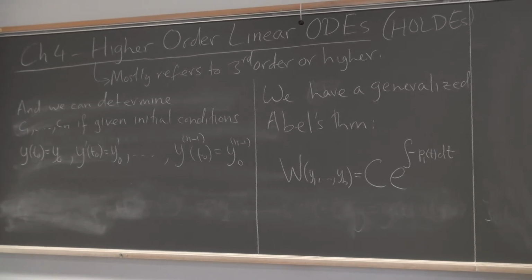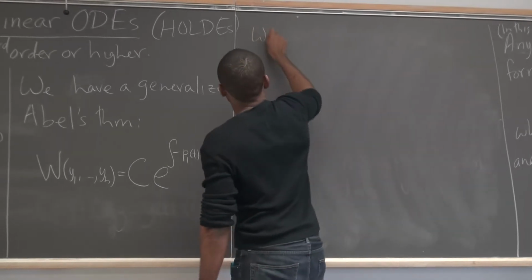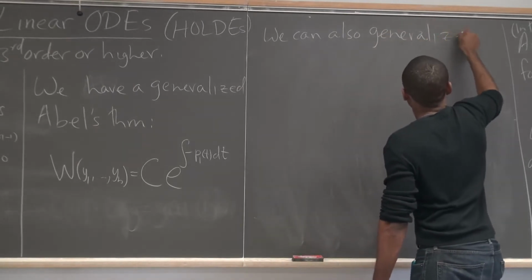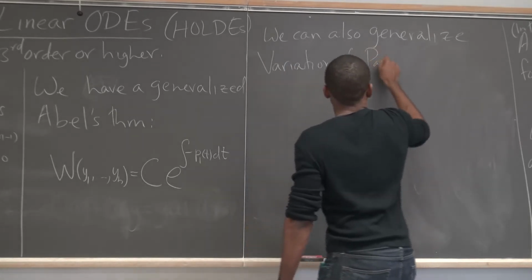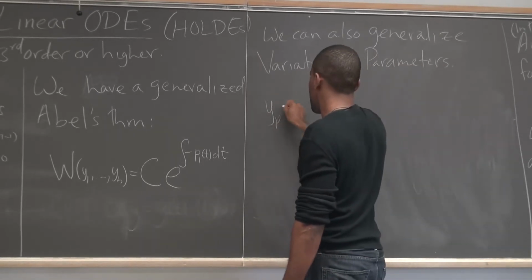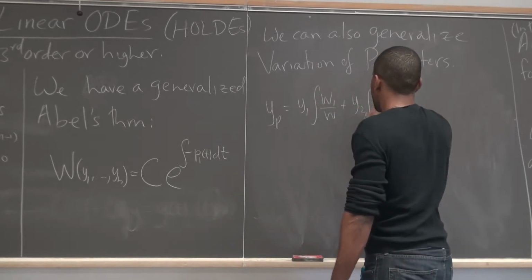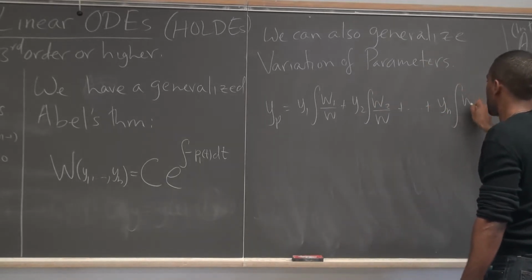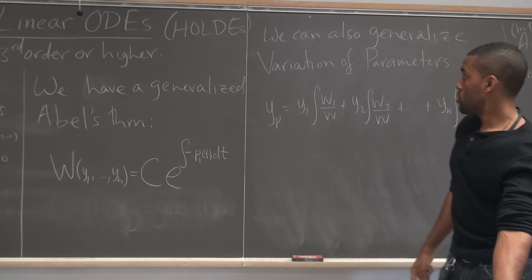We also have a generalized variation of parameters. So this is what P is equal to: y1 times W1 over W plus y2 times W2 over W. Is it positive y1 or negative y1?